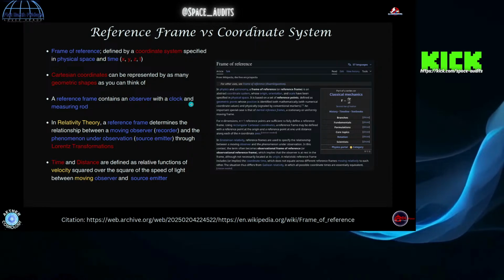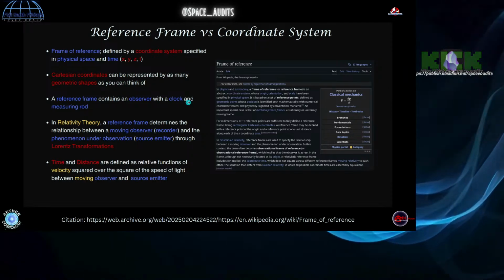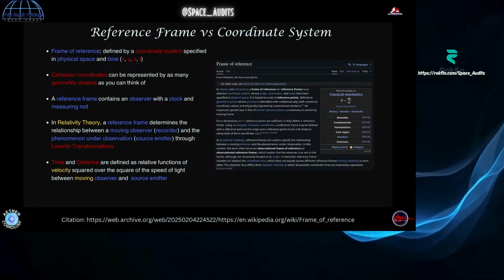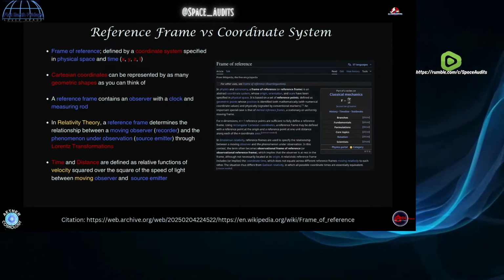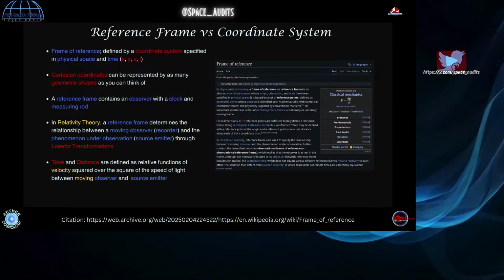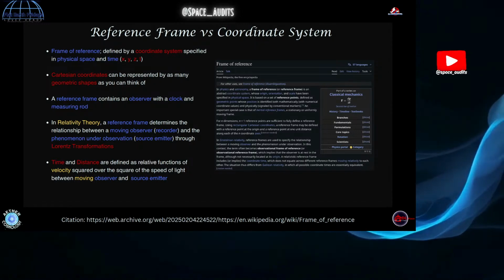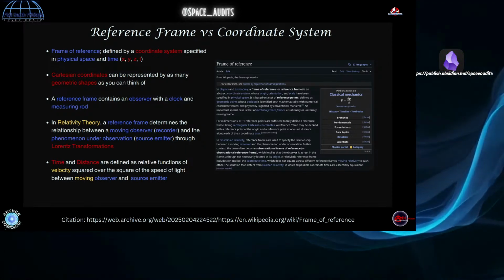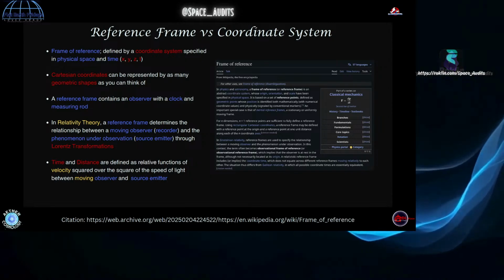So this is going to be on classical physics and leading up to relativistic physics. This is going to be kind of a history overview, going over what a reference frame is versus what a coordinate system is, and what the physical interpretation of the mathematics that's being put forward for physics and cosmology is supposed to mean.